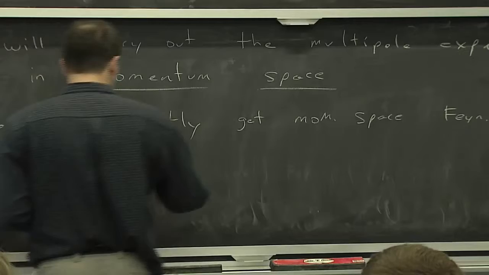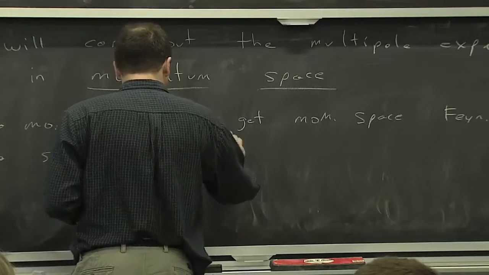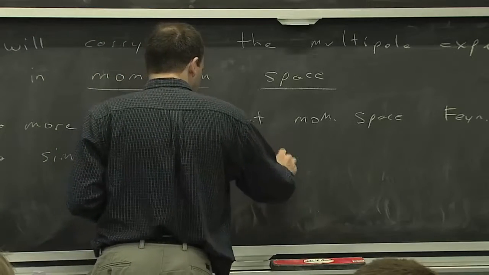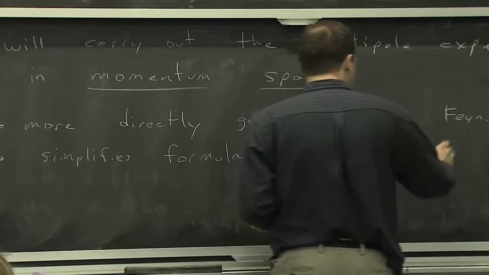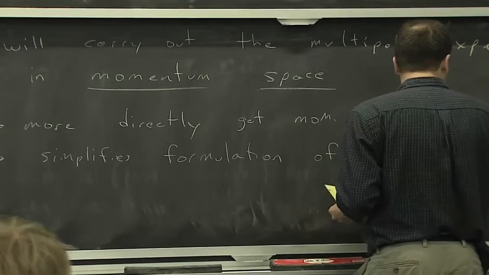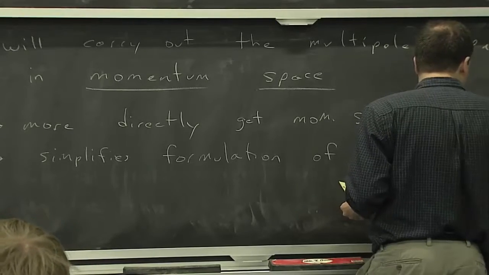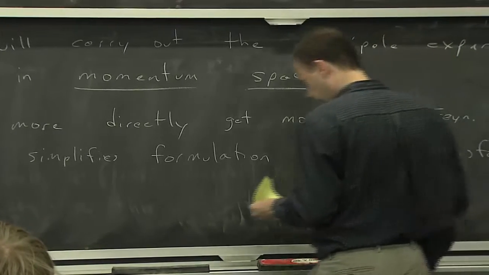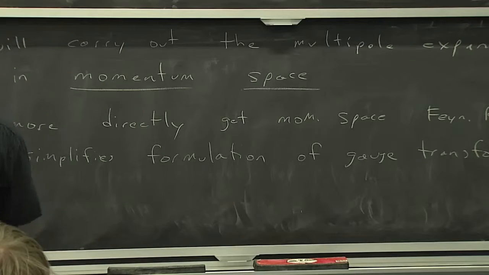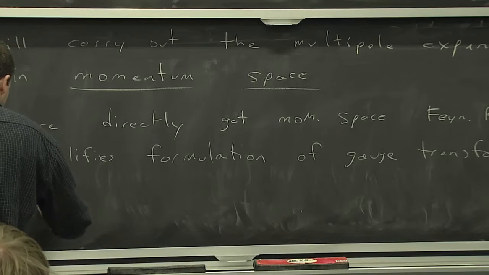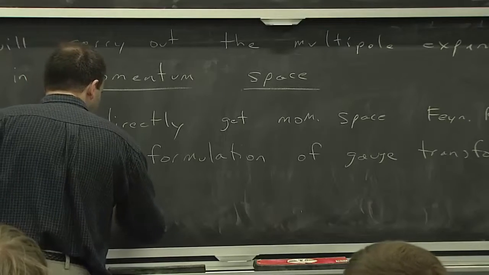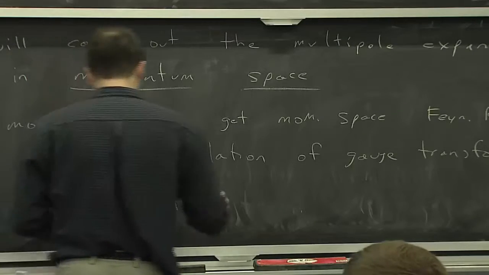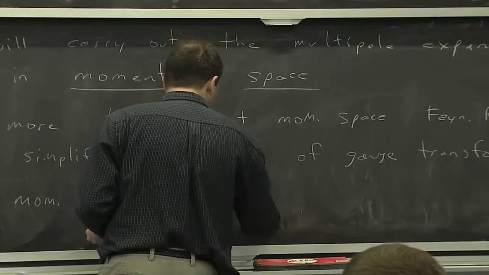It simplifies, actually slightly, or somewhat, the formulation of gauge transformations, which we'll talk about later on. And what I think is a nice advantage is where the momentum expansion sits: in the propagator, not in the vertices.